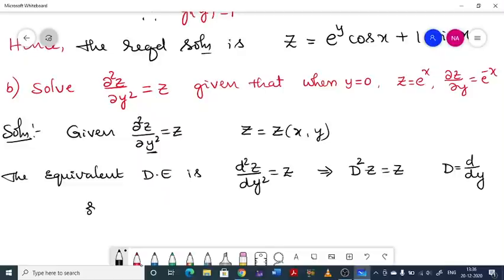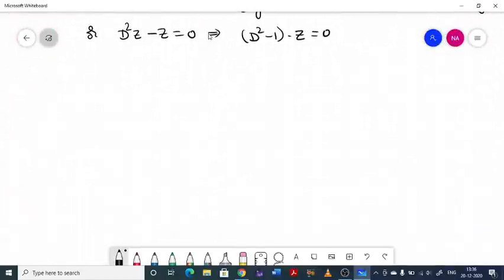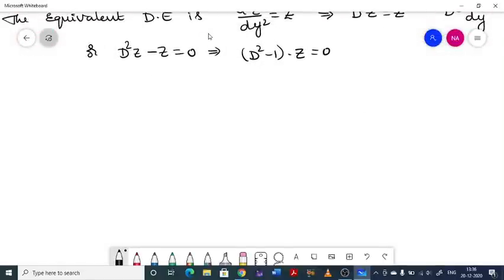So this will be D square z minus z equal to 0, which implies D square minus 1 into z equal to 0. Now the auxiliary equation is m square minus 1 equal to 0. That implies m equal to plus or minus 1. So I got two roots, 1 and minus 1.